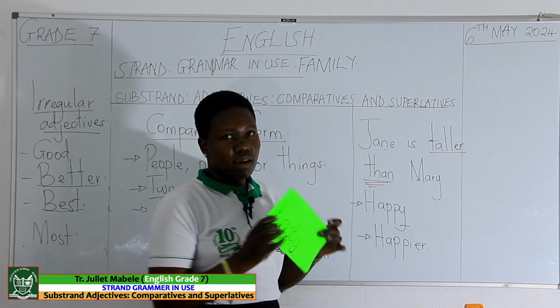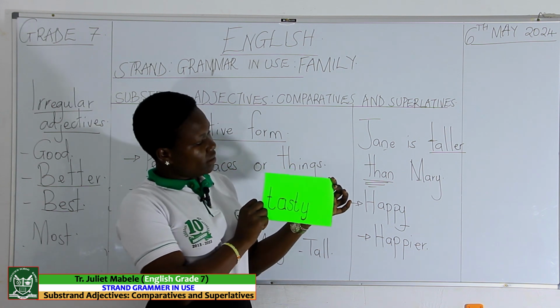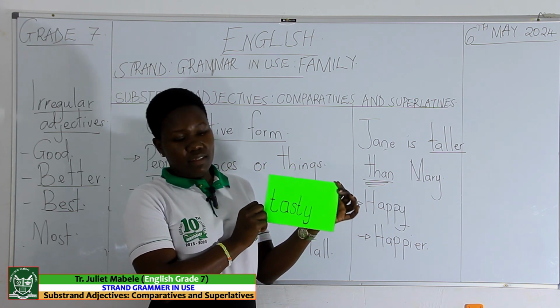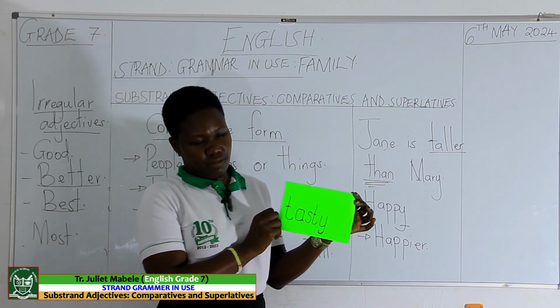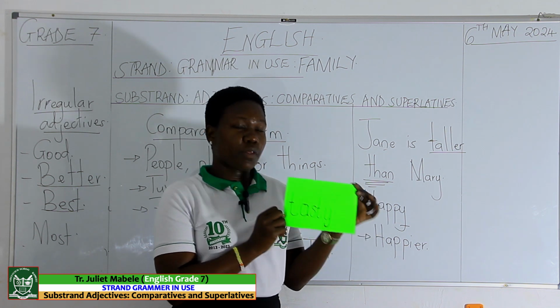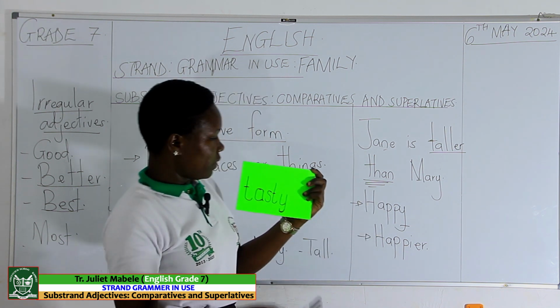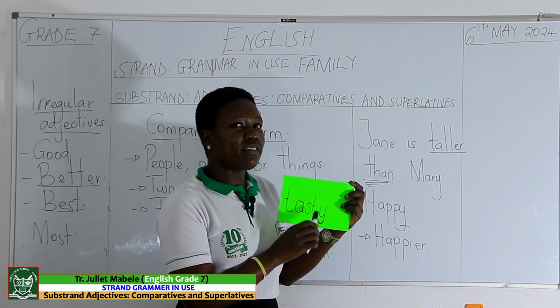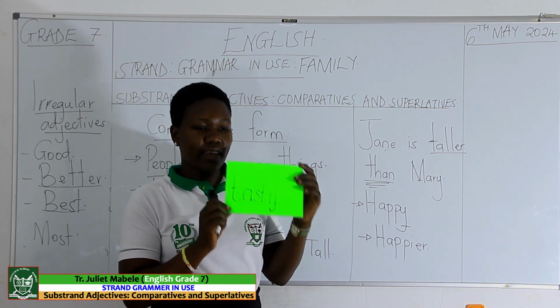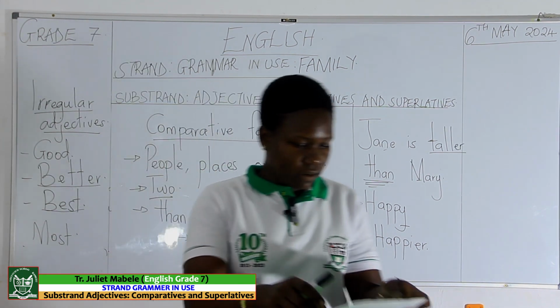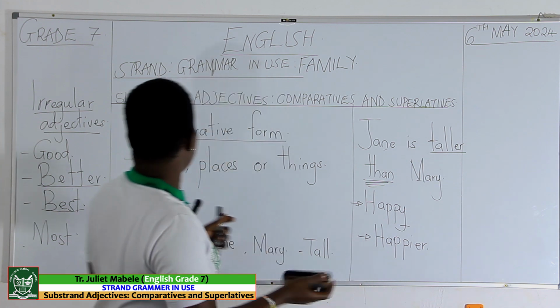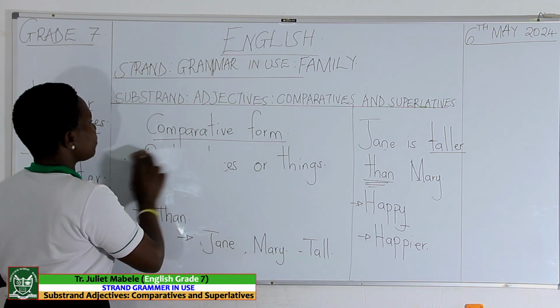Look at this word here. This is an adjective, and the adjective is tasty. I want you to try with your friend around there so that you can give us the comparative form of this word tasty. I give you 3 seconds to do that as I clear the board before we do it together.